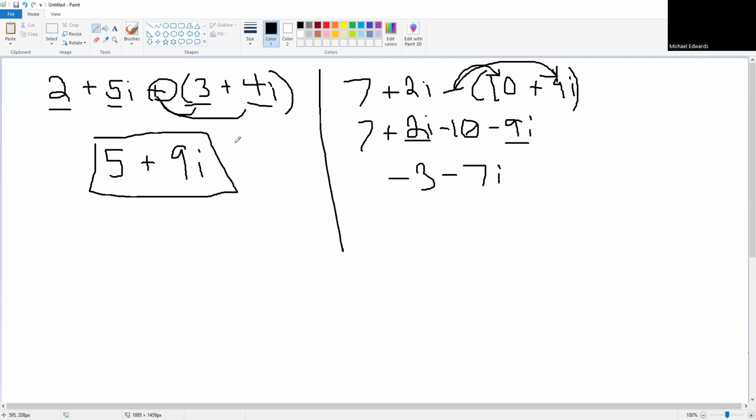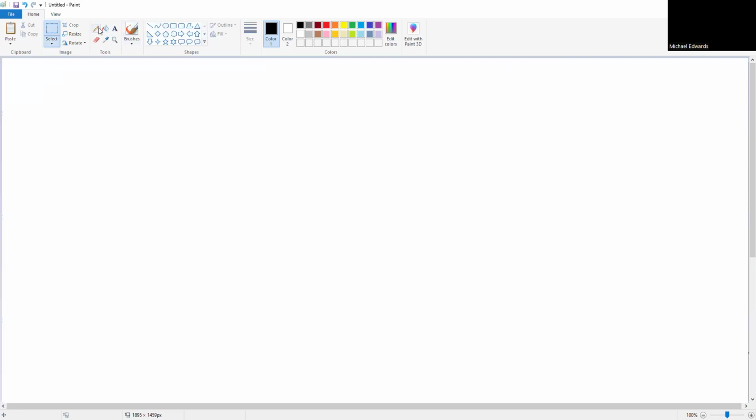Okay. Let's put this to test then. Now we need to multiply imaginary numbers. So let's say we had something like the square root of negative 12 times the square root of negative 18. Now, these are two imaginary numbers, just as imaginary as can be, that we're trying to solve.